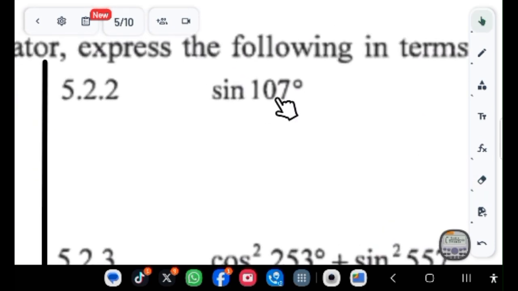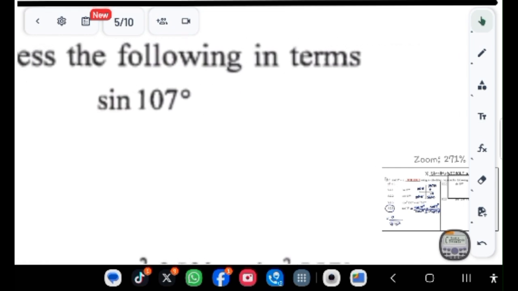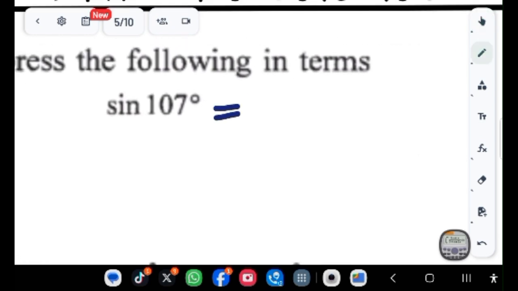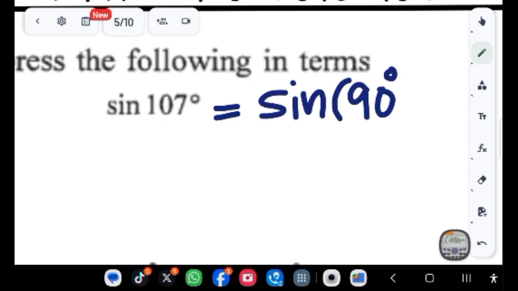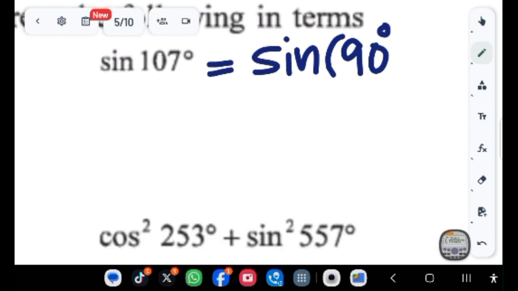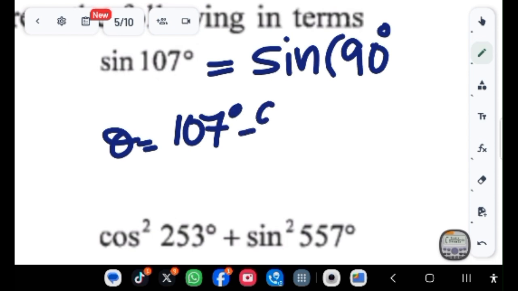Sine of 107, this is a compound angle, right? Whenever you have this, notice that this can be written as 90 degrees plus an acute angle. How do we find that acute angle? You just go 107 minus 90 degrees.